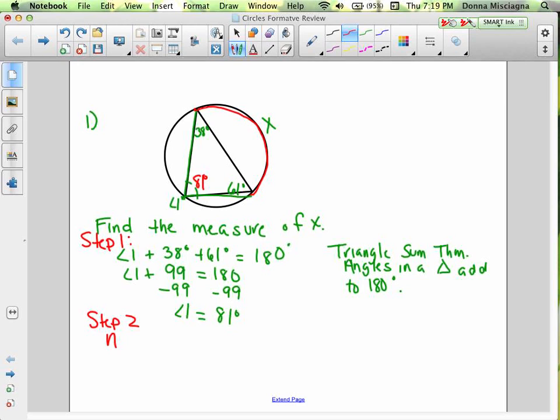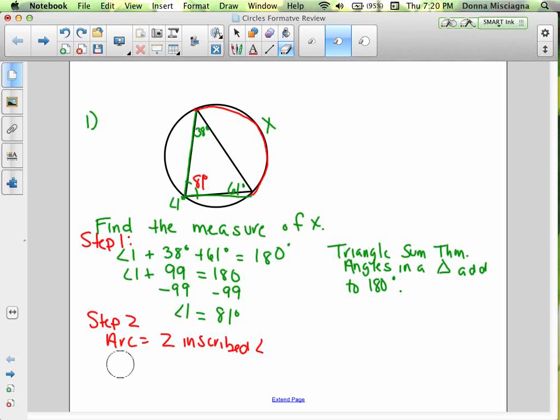Remember that the arc is going to be equal to twice the inscribed angle. So if the arc there is x, and the angle is 81 degrees, that means that the arc is going to be 162 degrees.